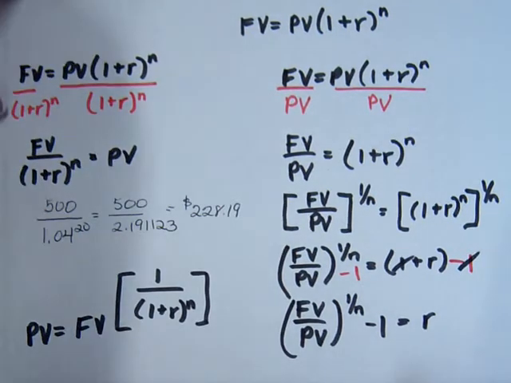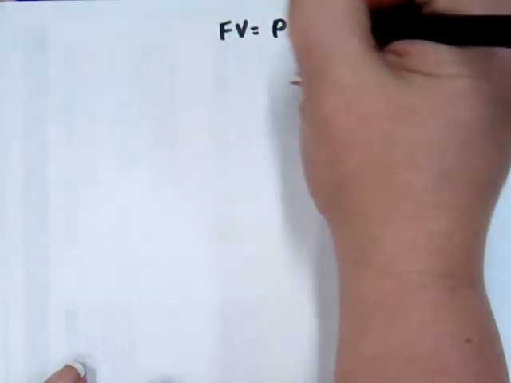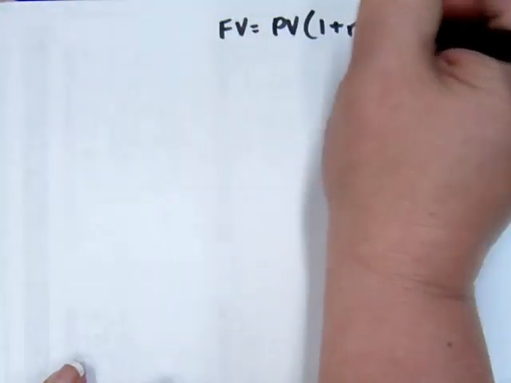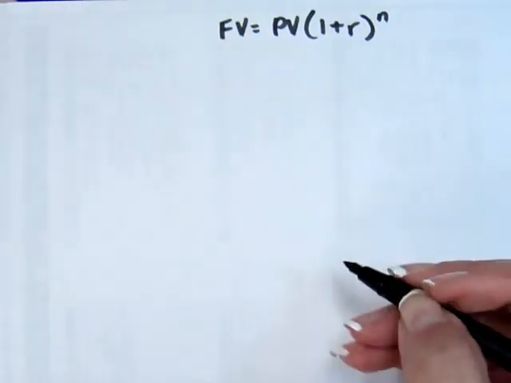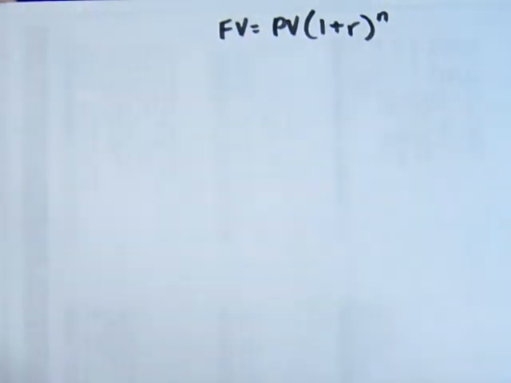Now, what if we take this a step further? What if we wanted to know the number of periods or the number of terms? Of course, we're going to go back to the original equation. To understand this part, you'll need to recall from your math course that the inverse of an exponent is a logarithm.